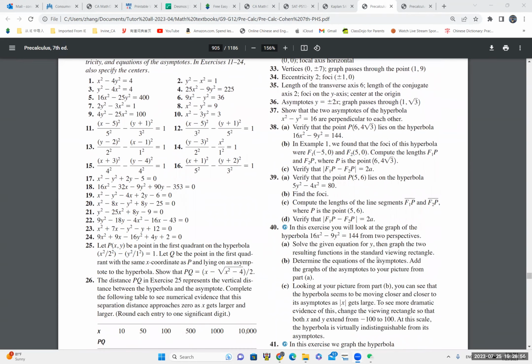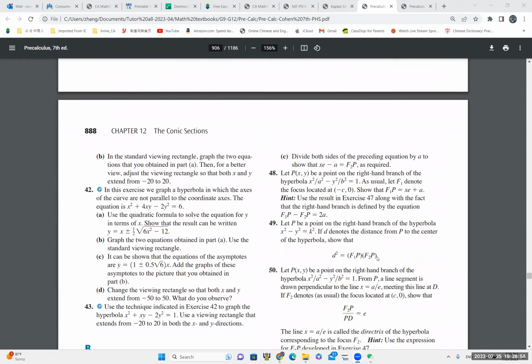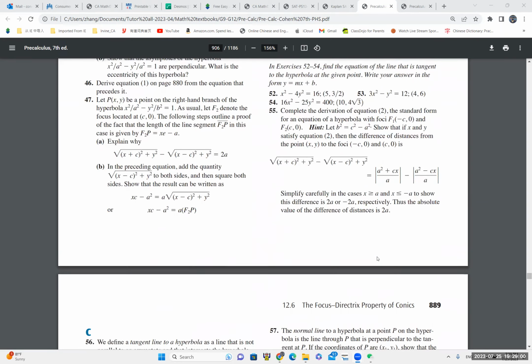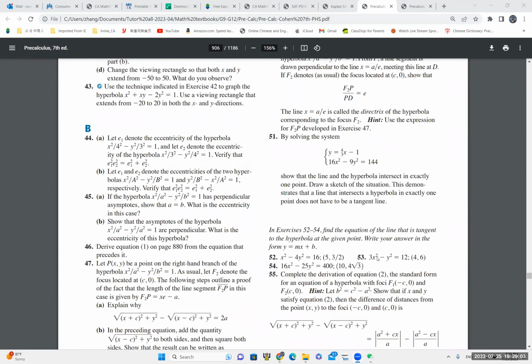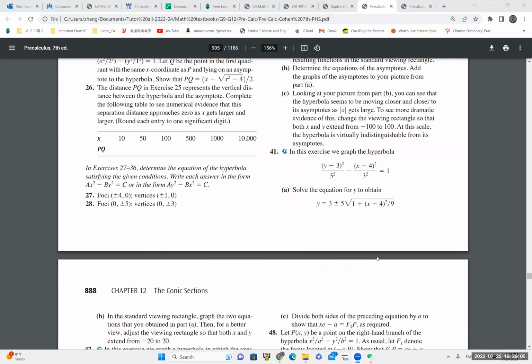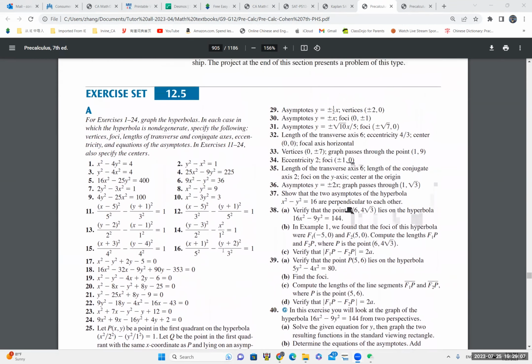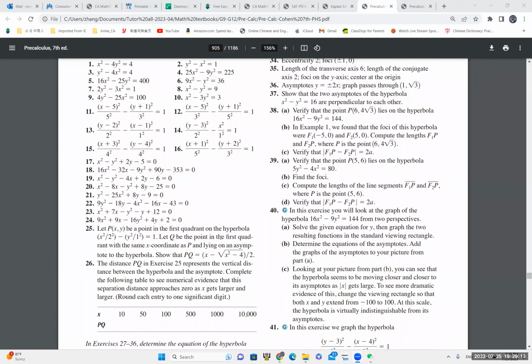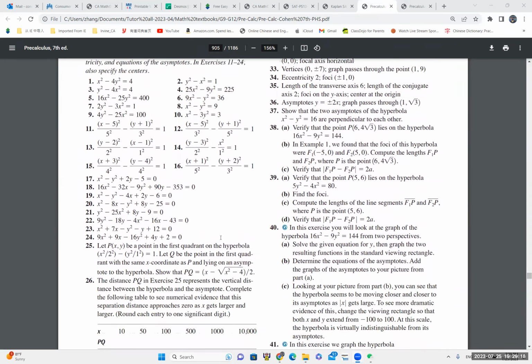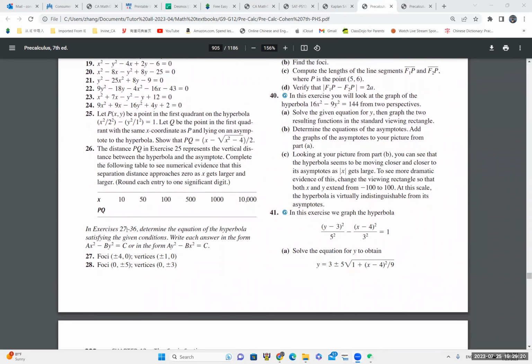Yeah, we can do one more exercise. Problems 1 to 24 are graphing. For 27 to 36, determine the equation. Write each answer in the form.